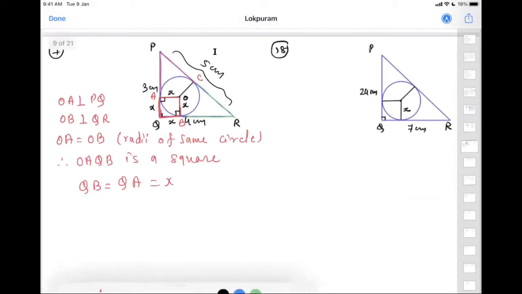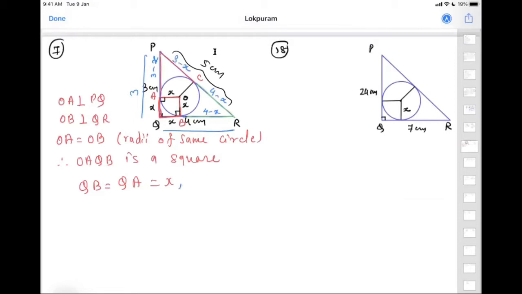So let's write the values. This is 4 minus x. So this will also become 4 minus x because QR is 4. Same way this is 3. So this will become 3 minus x.